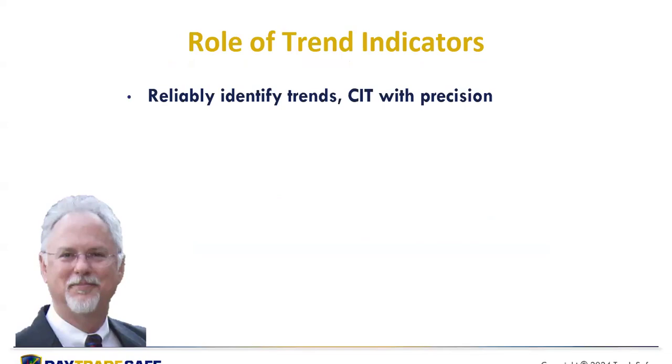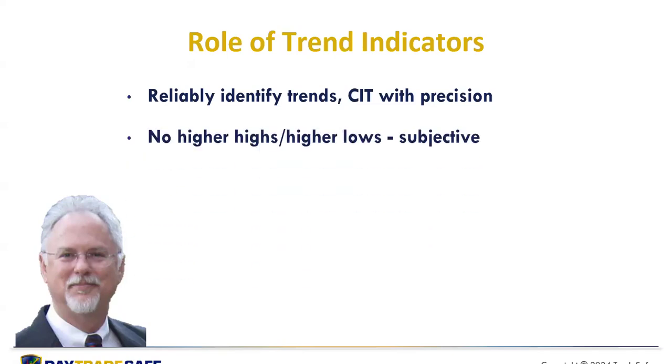So the role of trend indicators is supposed to identify the trends or changes of trend with real precision. Now, some of the original stuff that came out is actually still very serviceable. You don't need to reinvent the wheel. So I'll share with you how I arrive at what I'm doing.